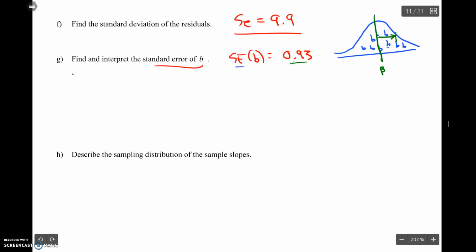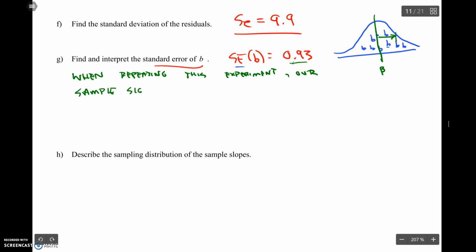So, when repeating this experiment, because this wasn't a sampling thing, I want to say sample slopes, but I guess we should be calling them experimental slopes. I'm going to still say sample slopes. I don't think that's going to hurt us too bad.